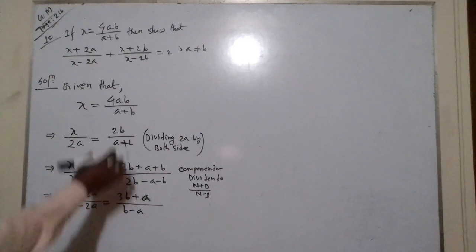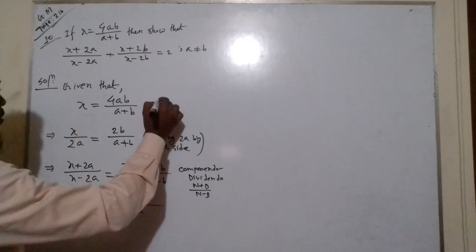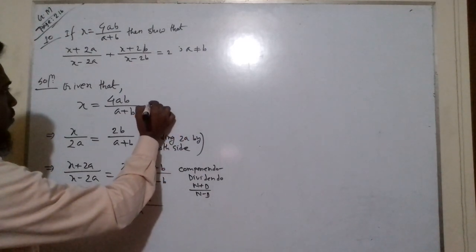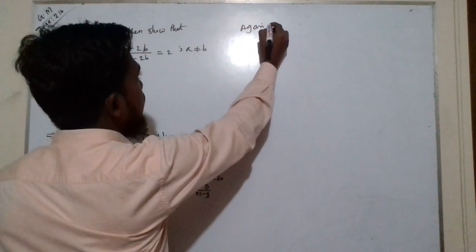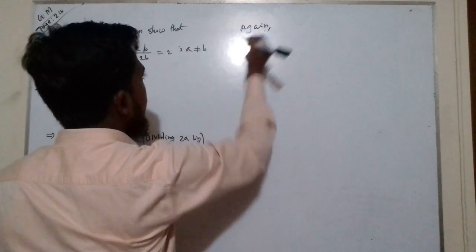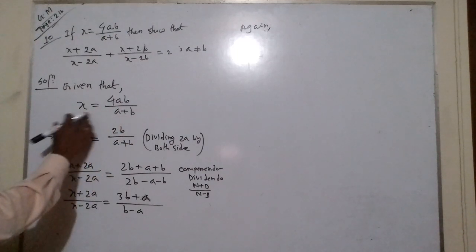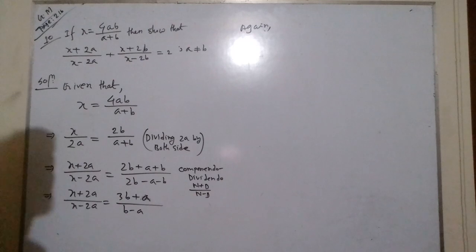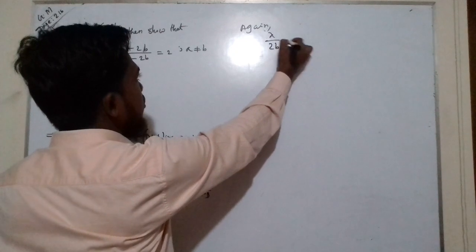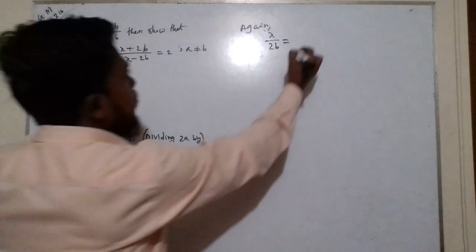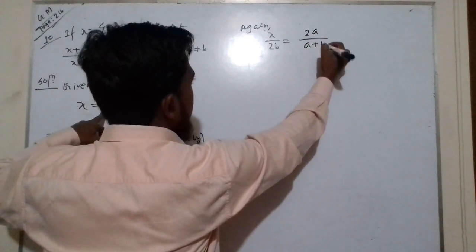Again, dividing by 2b in this equation, we can write x divided by 2b equal to 2 into a divided by a plus b.